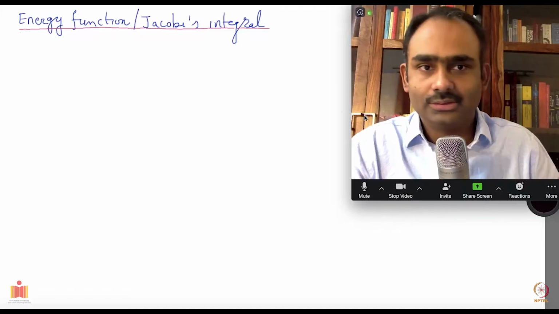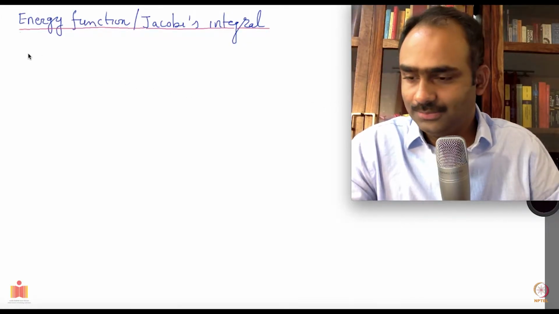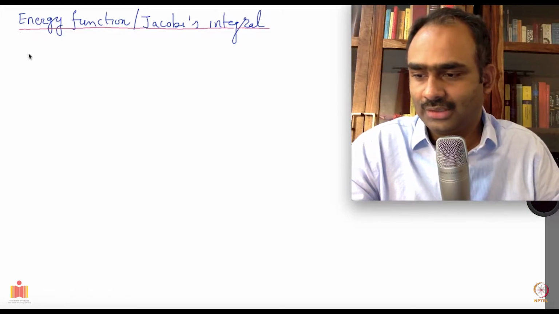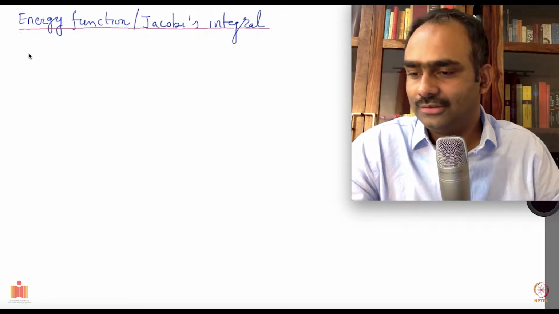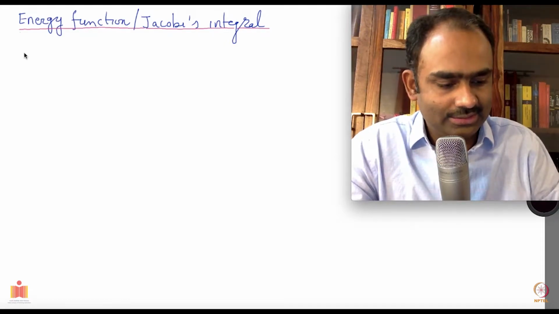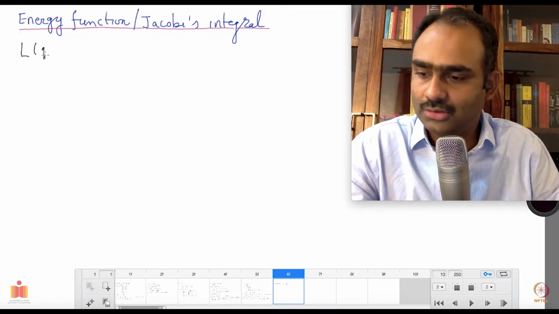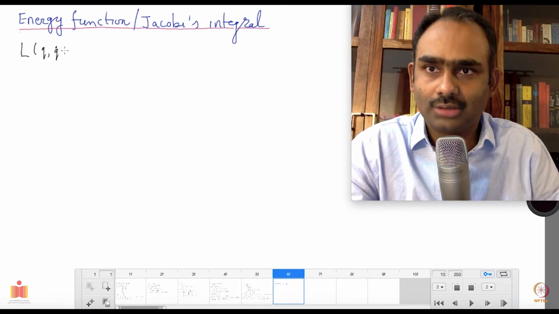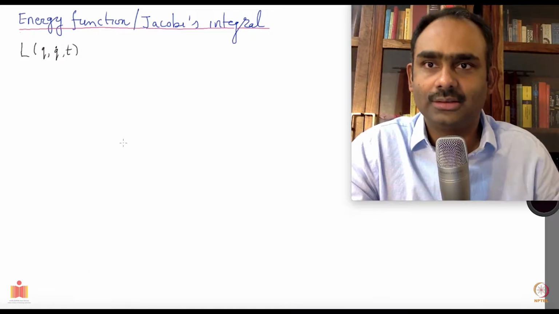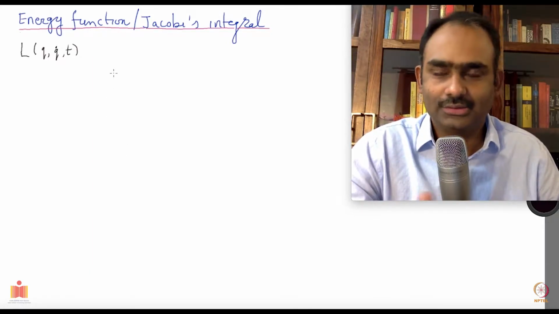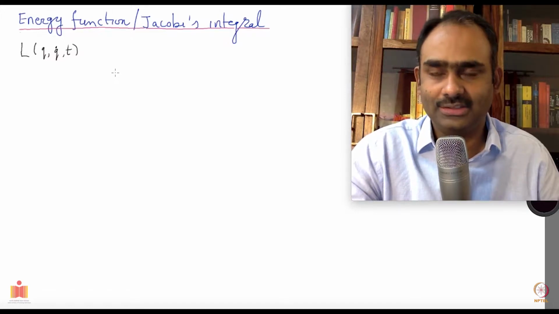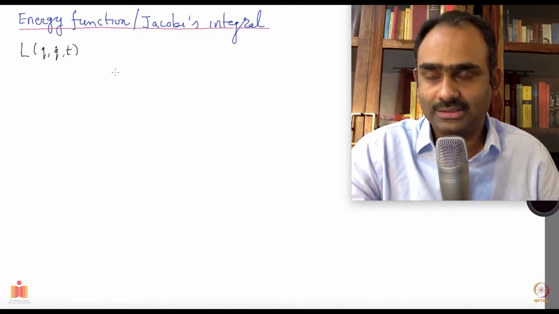Let's start by recollecting what we talked about last time, and we'll take two simple examples after that. As you may recall, we saw that if you have a system that is described by a Lagrangian L(q, q dot, t), right now I'm keeping the time dependence, so there may be an explicit time dependence.